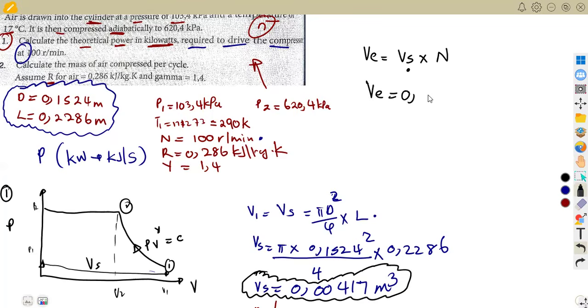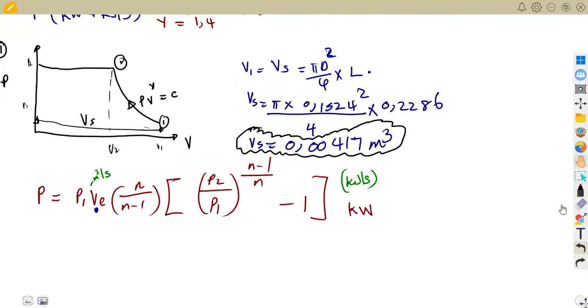VS, 0.00417 times the speed. Take note. If I use the speed in revolutions per minute, as I mentioned, it means this VE I'm going to obtain in cubic meters per minute. But do I want VE in cubic meters per minute?